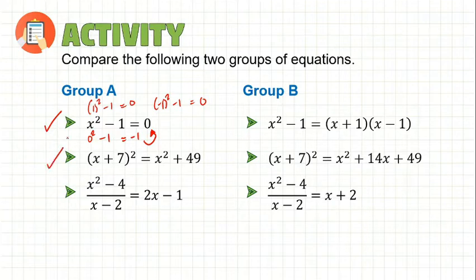Now let's try equation number 2. This one. x plus 7 quantity squared equal to x squared plus 49. Take note, if we will try to substitute again any real numbers, the result of the expressions here or any term in the equation will be a real number, right? So therefore, the domain of the equation will be the set of real numbers. However, there is only one value of x here that will make the equation true, or that will satisfy the equation, and that is when x is equal to 0.